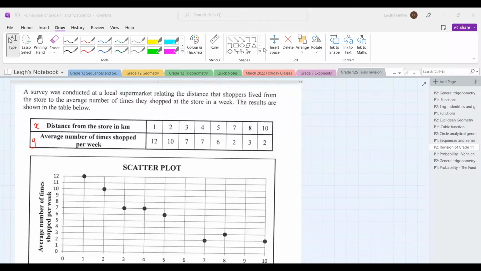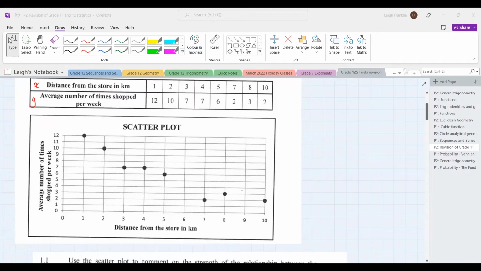Okay, cool. So they work as a pair of coordinates: 1 and 12, 2 and 10, 3 and 7, etc.